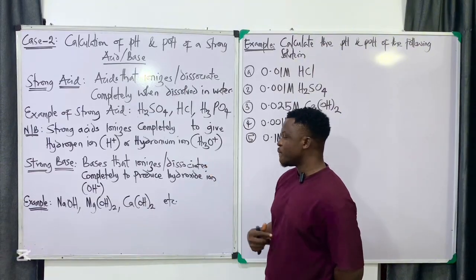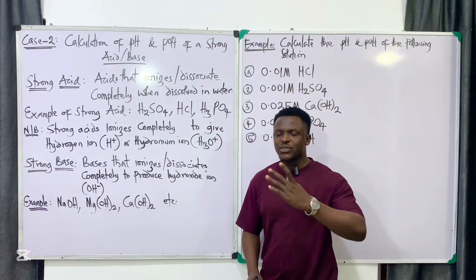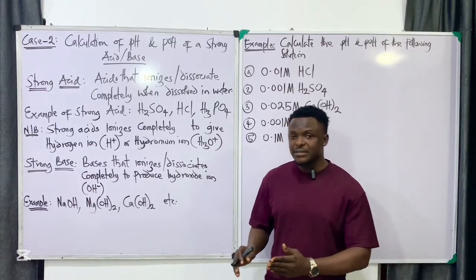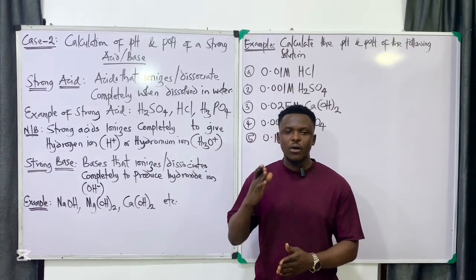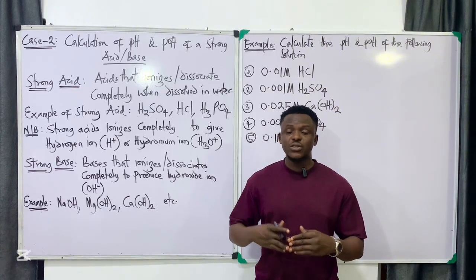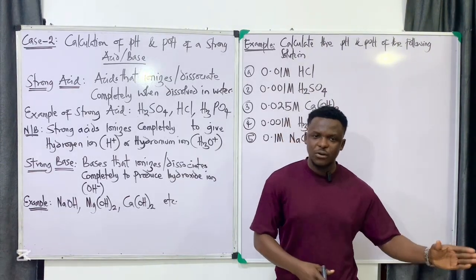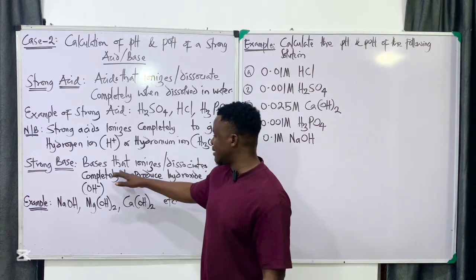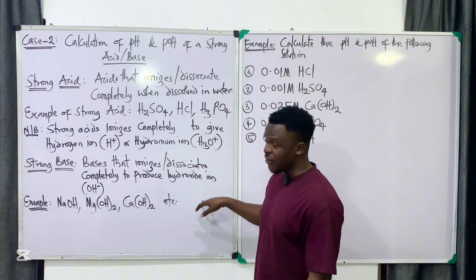Take note of that. Now let's talk about strong bases. Whether a substance is a strong acid or a strong base, the common thing between both of them is that they must ionize completely. When they come in contact with water or when they are meant to dissociate, they dissociate completely, not partially like a weak acid or base. Now we said strong bases are bases that ionize completely to produce hydroxide ions.